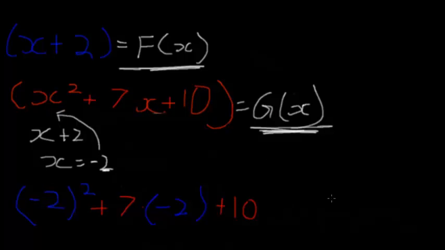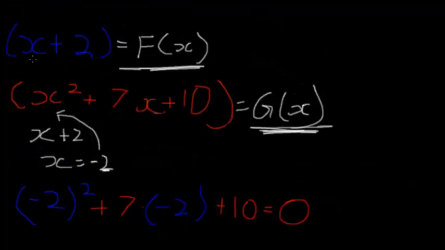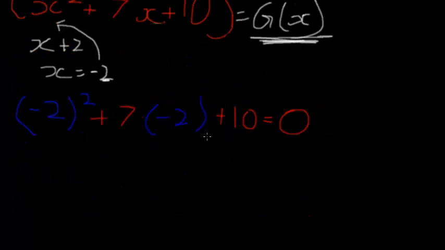So then we can solve this, and if it's equal to 0, that means x plus 2 is a factor of x squared plus 7x plus 10.